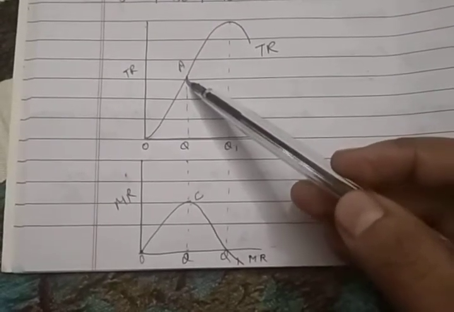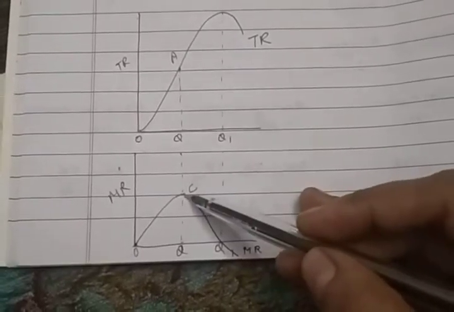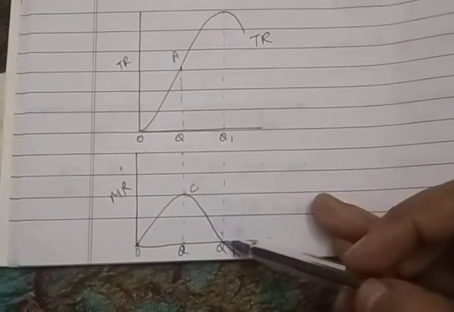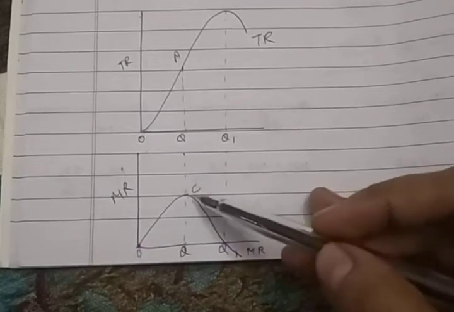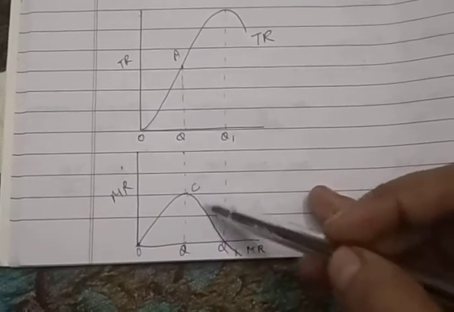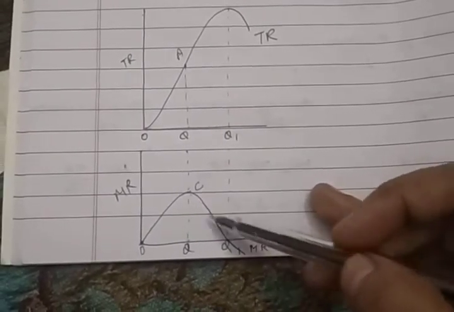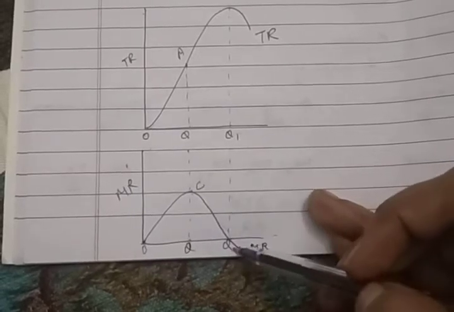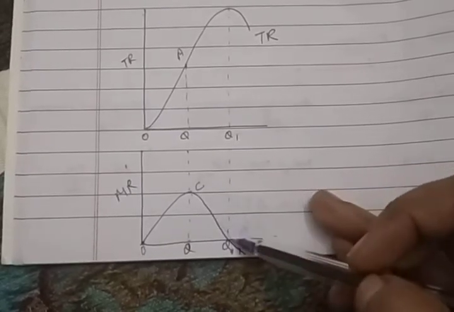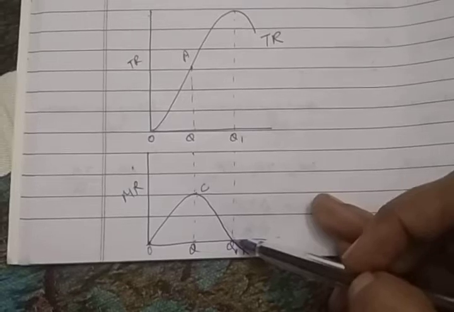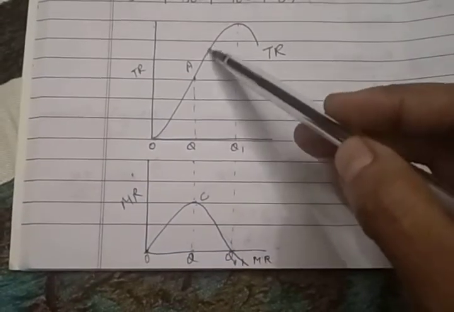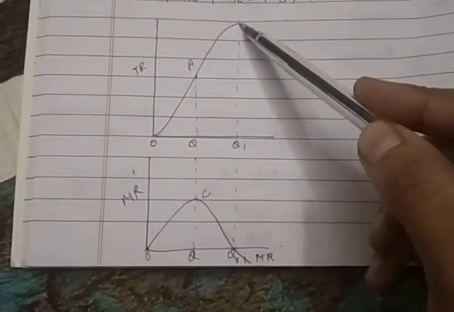Second point, when MR decreases, now from point C you can see the MR starts diminishing. So when MR decreases but it remains positive, still it is positive till the point OQ1, TR also increases at a decreasing rate.